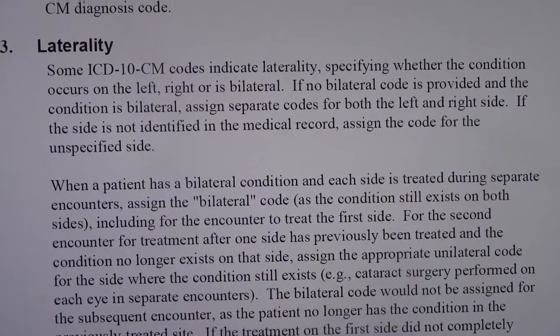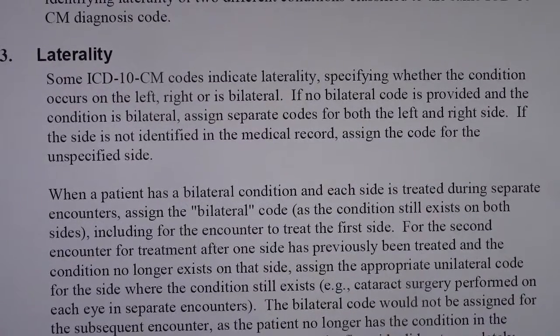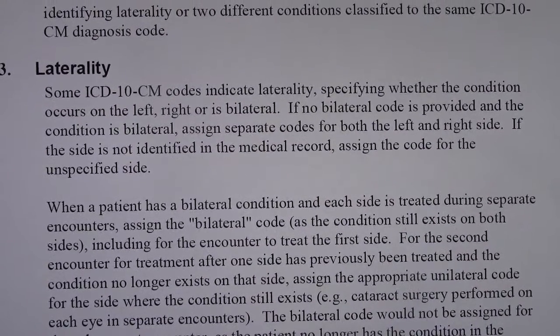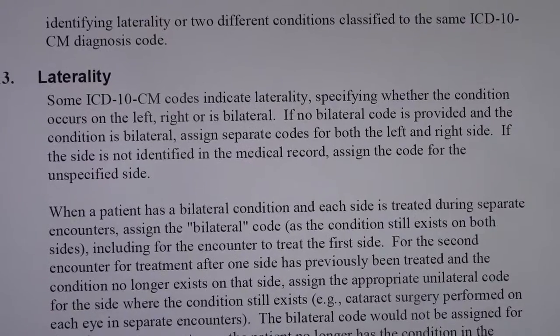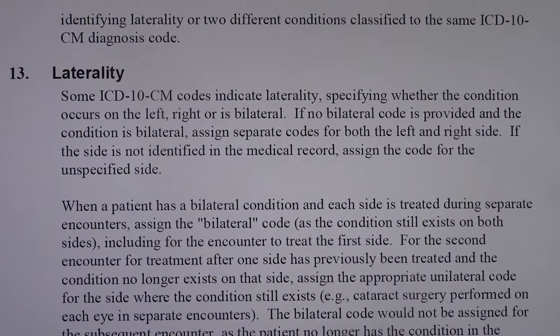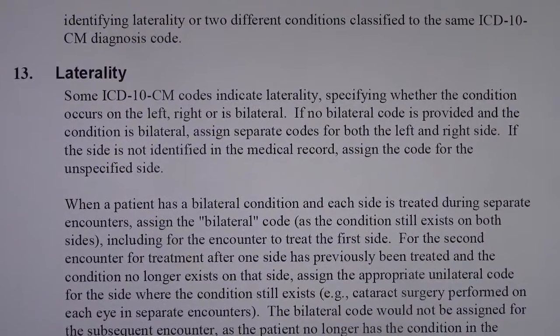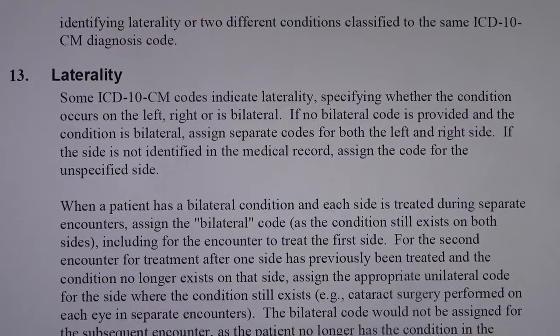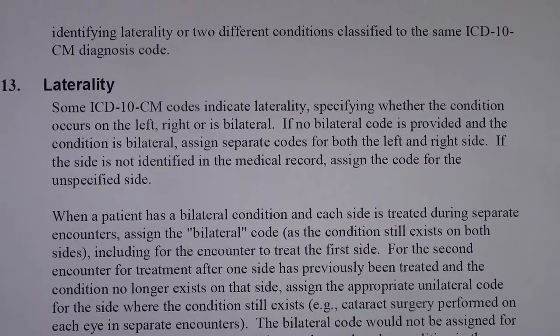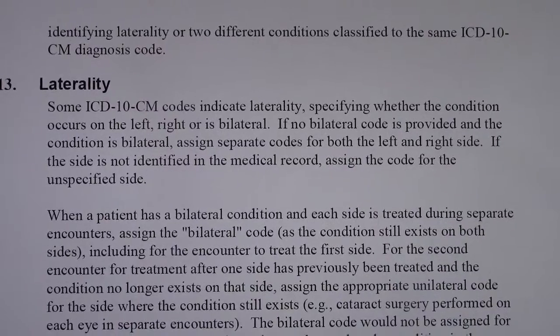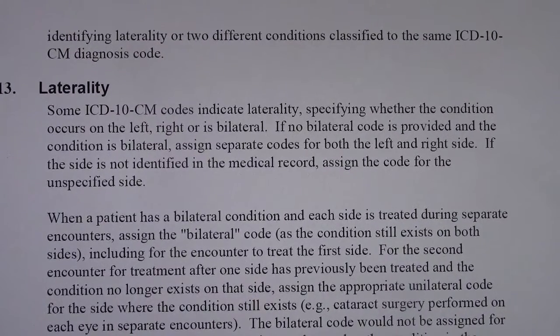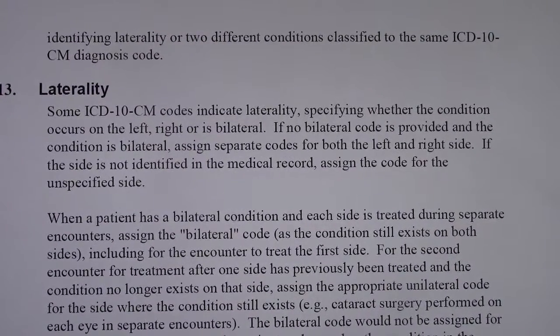So your coding should specify which side of the body, or if it's bilateral, both sides. Now, if no bilateral code is provided and the condition is bilateral, assign a separate code for both the left and the right side. And if the side is not identified in the medical record, assign the code for the unspecified side.